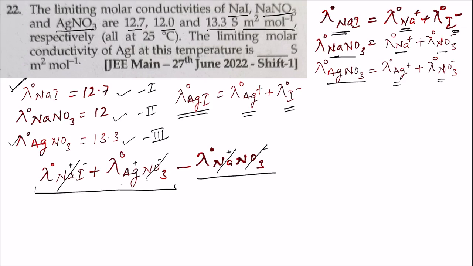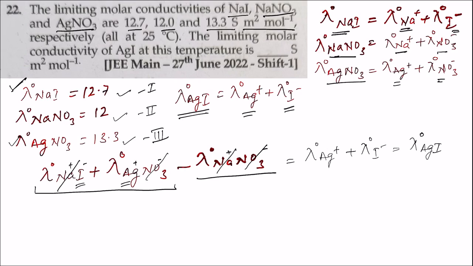Limiting molar conductivity of silver and iodide ion will be left. So 1 plus 3 minus 2 is equal to limiting molar conductivity of silver ion plus limiting molar conductivity of iodide ion, which is equal to limiting molar conductivity of silver iodide, which is asked in the question.